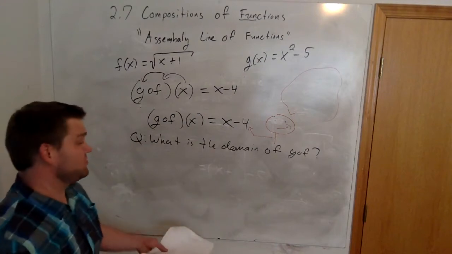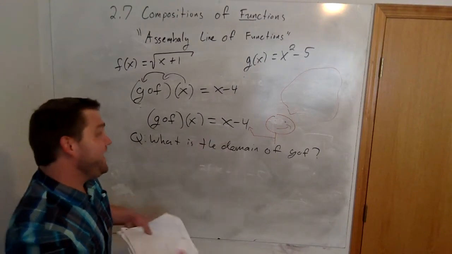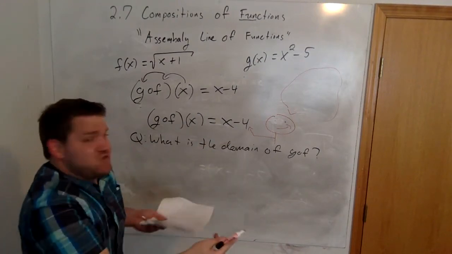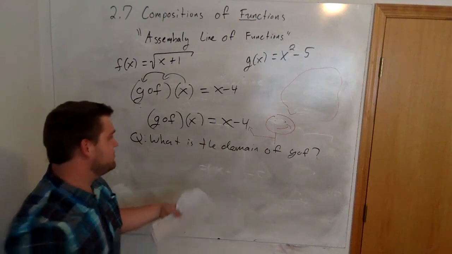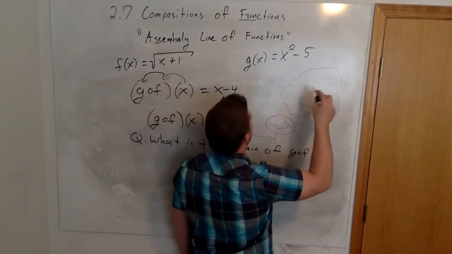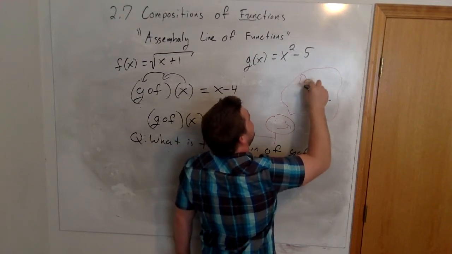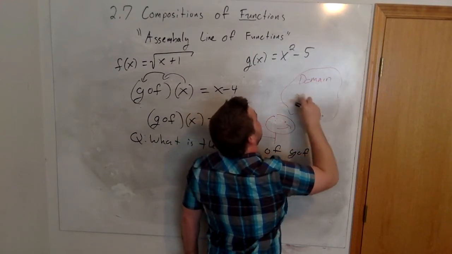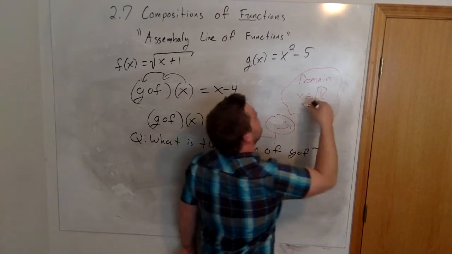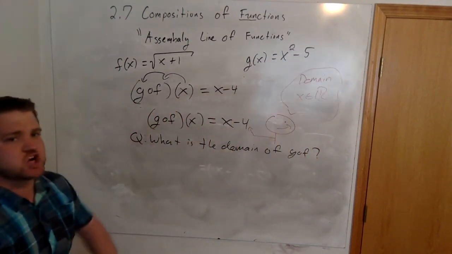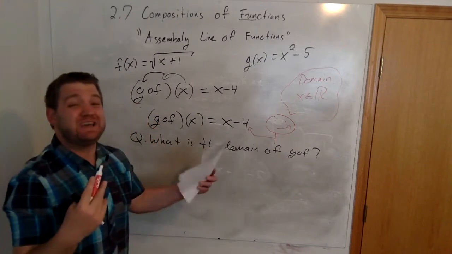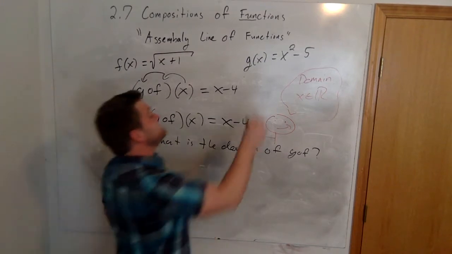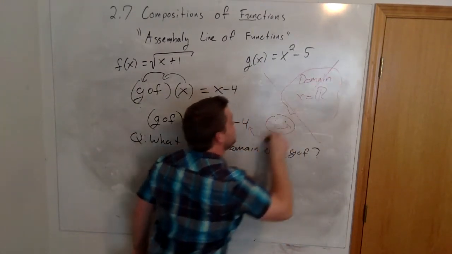There are no square roots here. There are no variables in denominators. I can make checks on all my lists. You might say the domain is all real numbers, all x in R. You can plug anything you want into here. No, we have to be careful. This is not true.